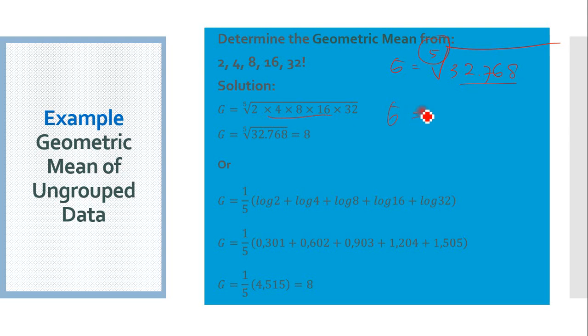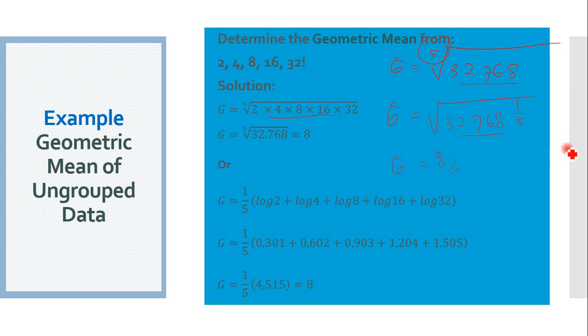We can write it as well like this: 32768. We'll raise it with the inverse number of root 5. So this value will be raised to the power of 1 over 5, and it is 8.